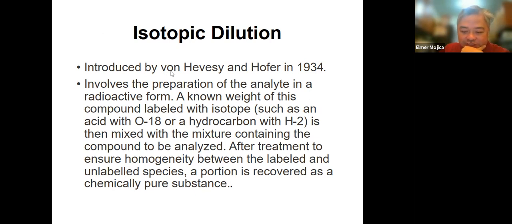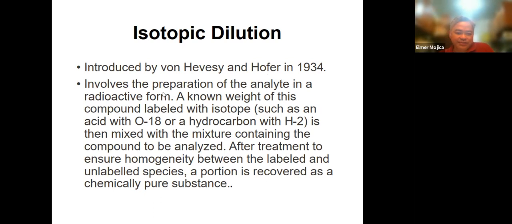And it was first introduced by George de Hevesy and R. Hobby or Hopper here. Okay, although there were more innovations done later on.